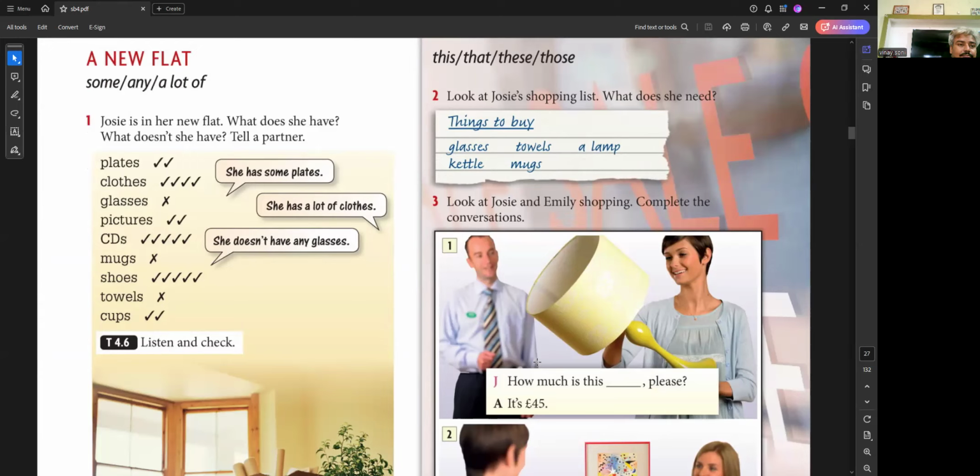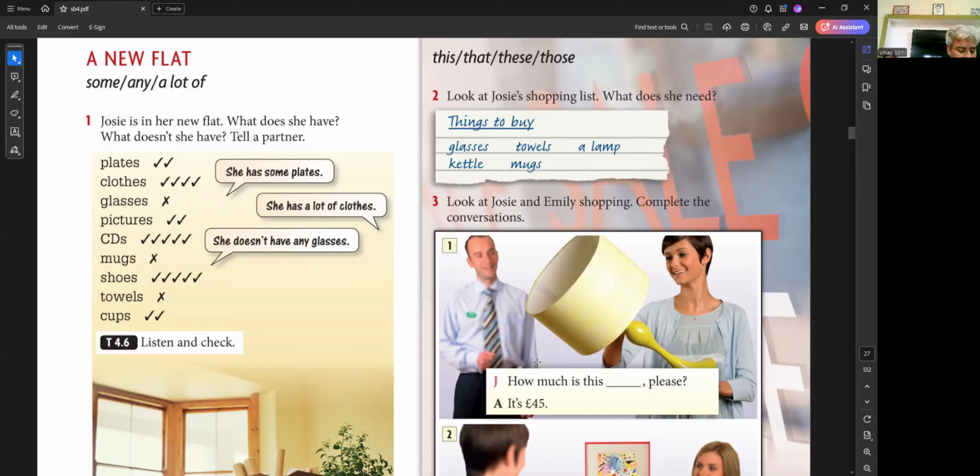Plates, guys. She has some plates. Next, beta. She has a lot of clothes. But she doesn't have any glasses, right?